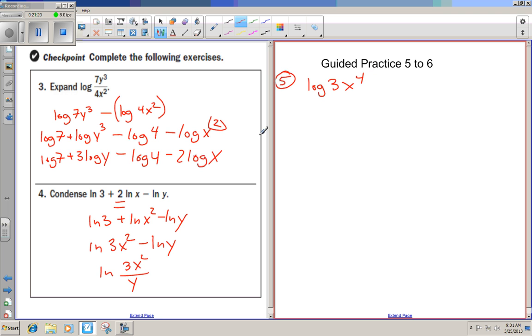All right, following the steps we just did here, there is no fraction, so we don't have to do the subtraction part. Let's do the product now. Product says that we break the multiplication up and add the two logarithms. The last step was to put the exponents in front. Log base 3 plus 4 log x.